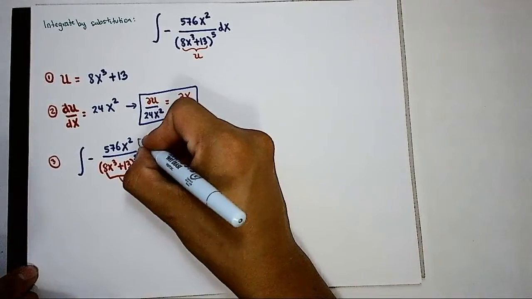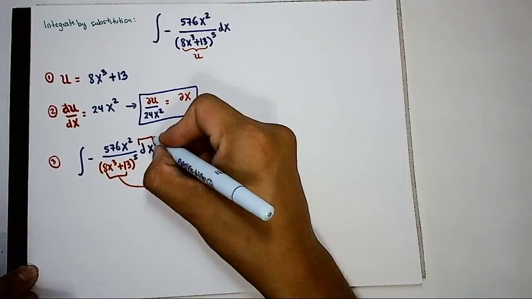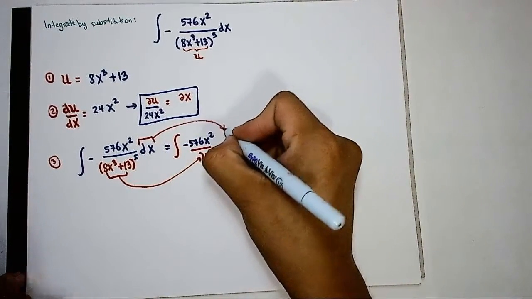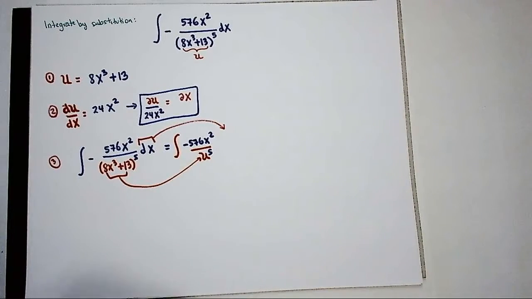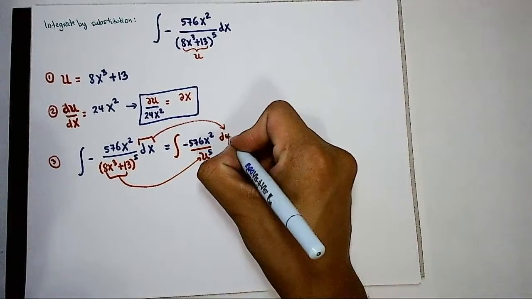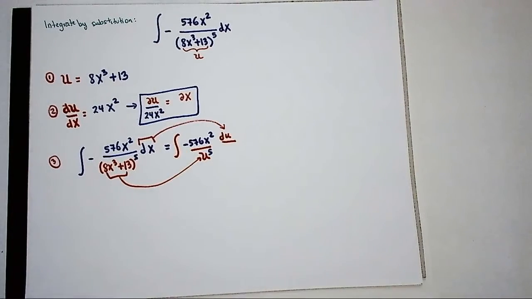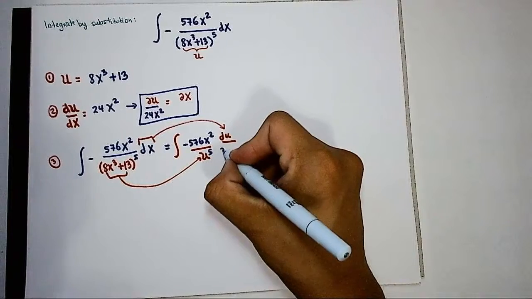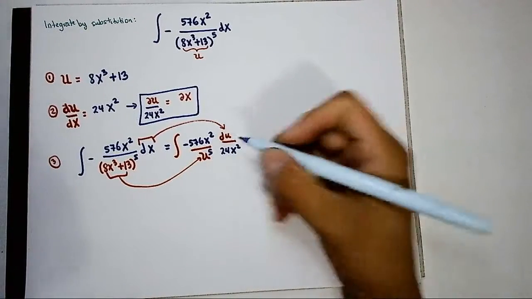And we can replace dx with du divided by 24x squared.